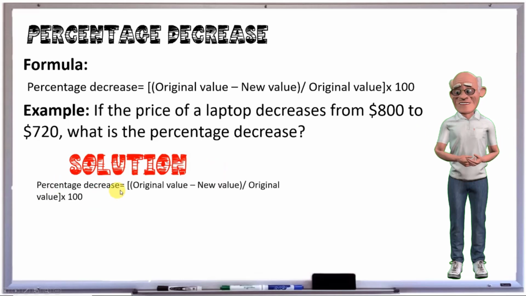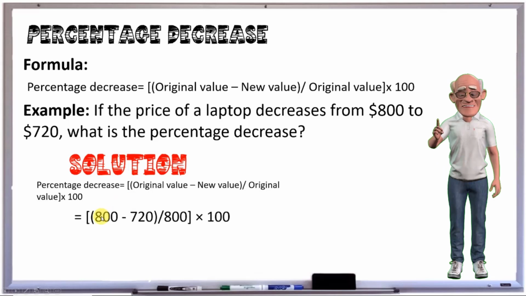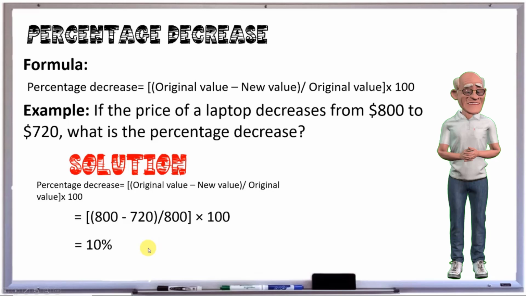Percentage decrease is the original value minus the new value divided by the original value multiplied by 100. So that gives us 800, the original price, minus the new price, 720, divided by the original value times 100. So it equals a 10% decrease.